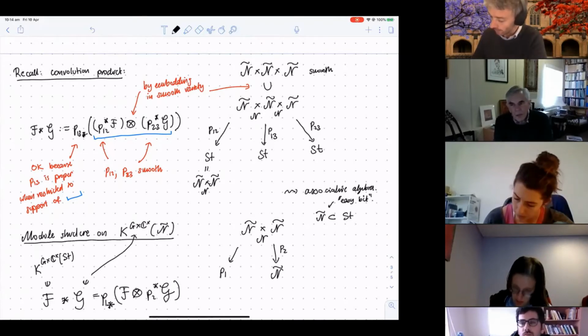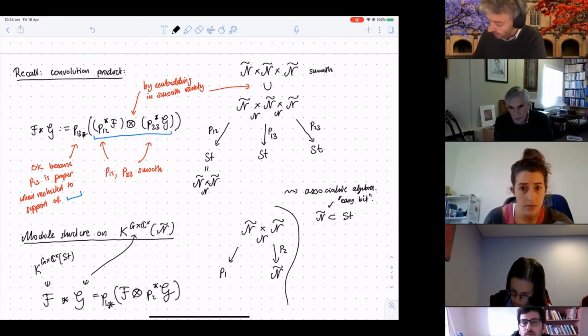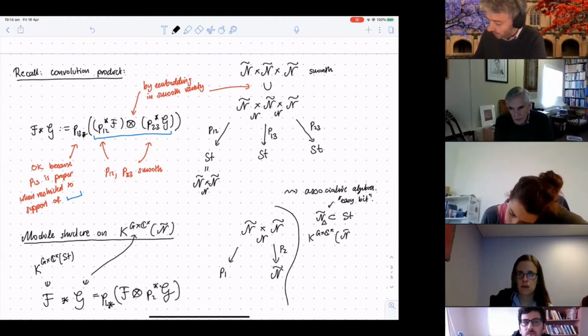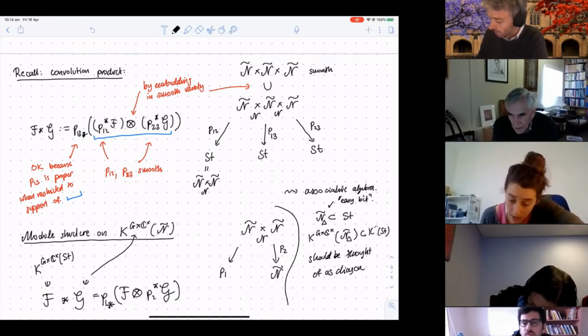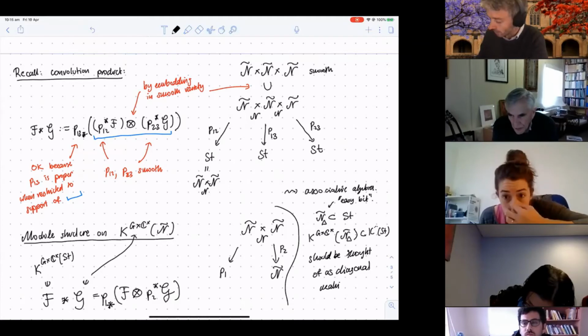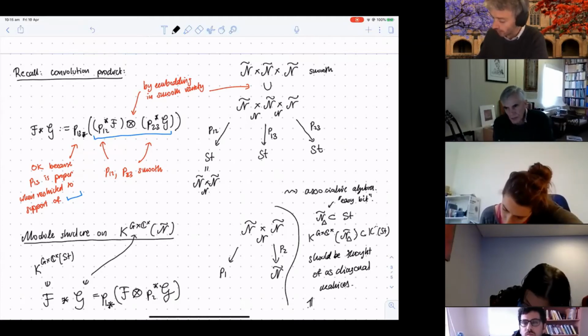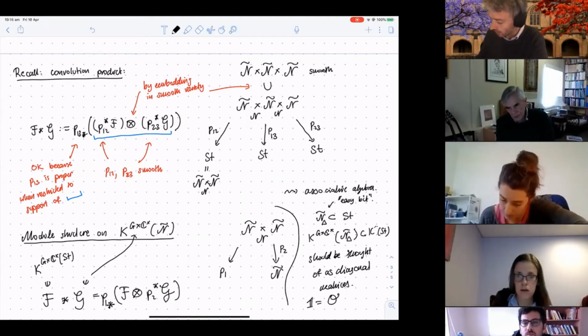So, yeah, this is an extremely useful aside, which is that, let's call this n diagonal, C star of n diagonal inside K blah of Steinberg, should be thought of as diagonal matrices.